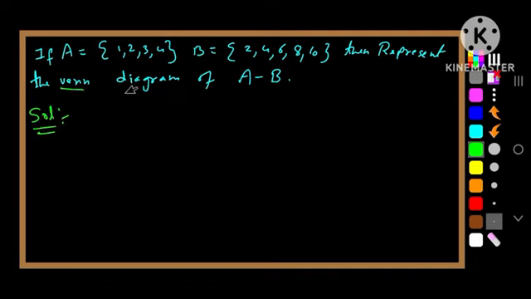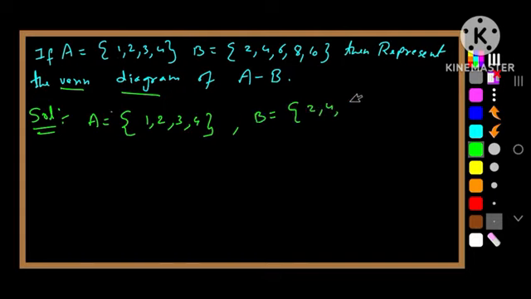So first of all, what is Venn diagram? Venn diagram is a representation of elements with the help of a diagram. For example, the elements of A are 1, 2, 3, 4. Similarly, the elements of B are 2, 4, 6, 8, 10.